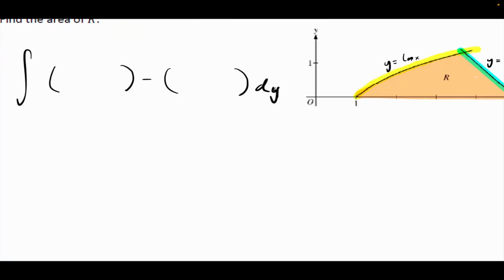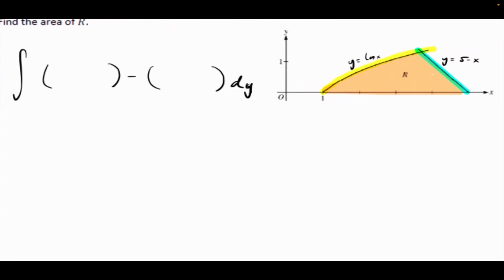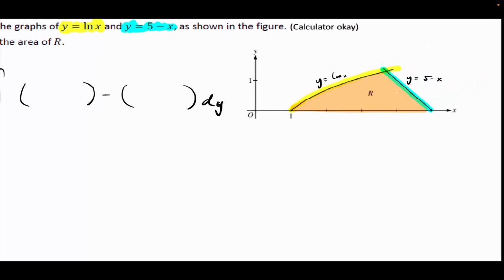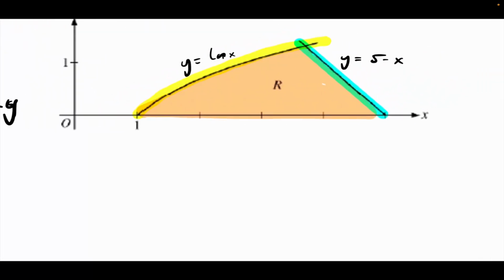Okay, so right curve. So we're going to go from the right side to the left side. So the right curve is this guy here, but it has an x inside, so I have to solve it for x.